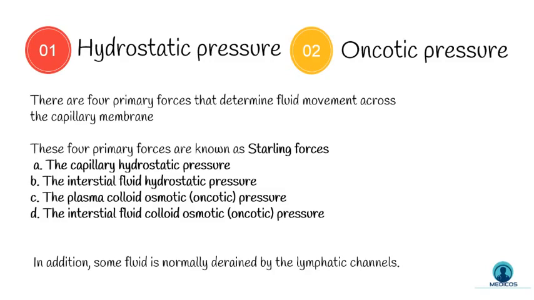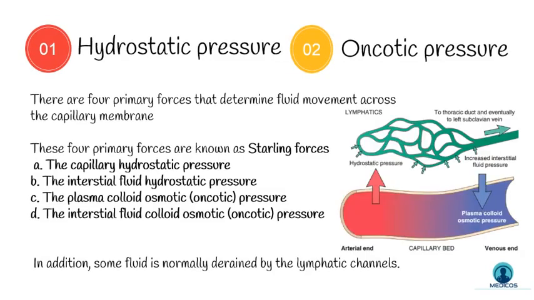The capillary hydrostatic pressure and the interstitial fluid oncotic pressure force fluid outward from the intravascular space into the interstitium, while the interstitial fluid hydrostatic pressure and plasma oncotic pressure tend to force fluid from interstitial space into the intravascular space. And this oncotic pressure is caused by the presence of plasma proteins.